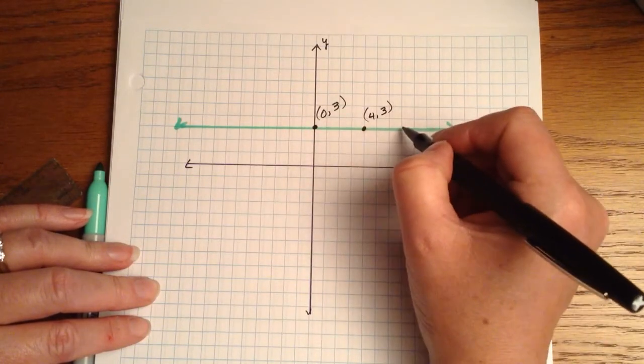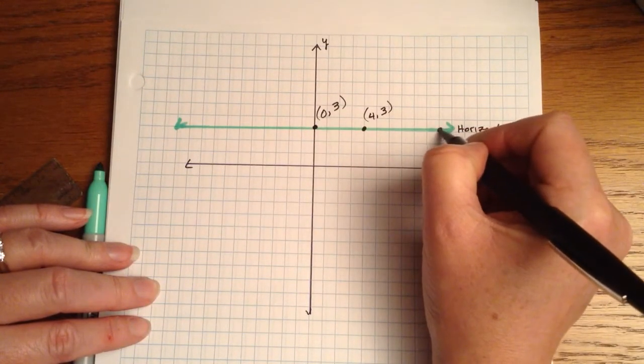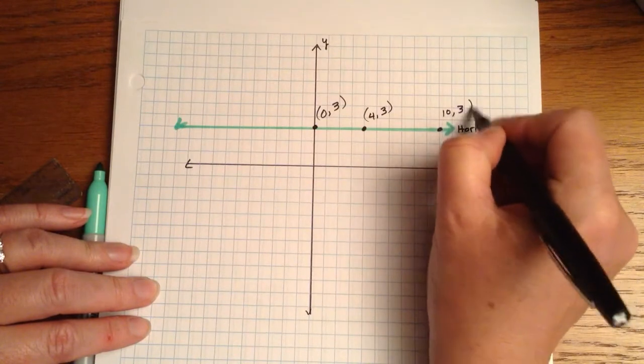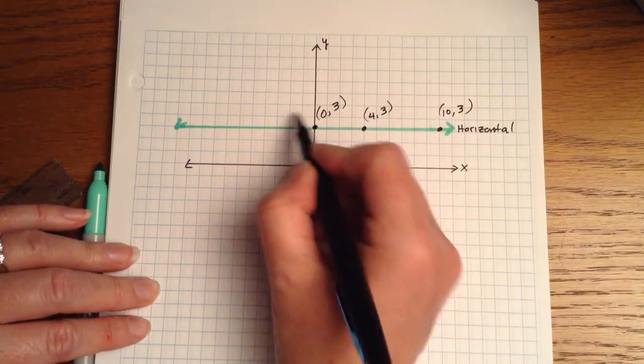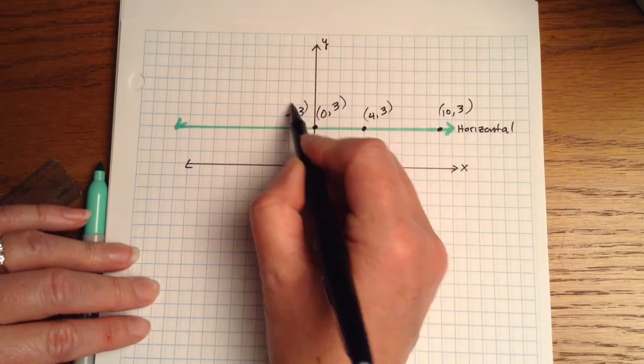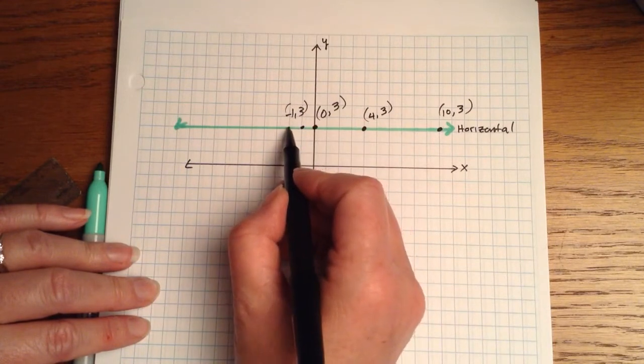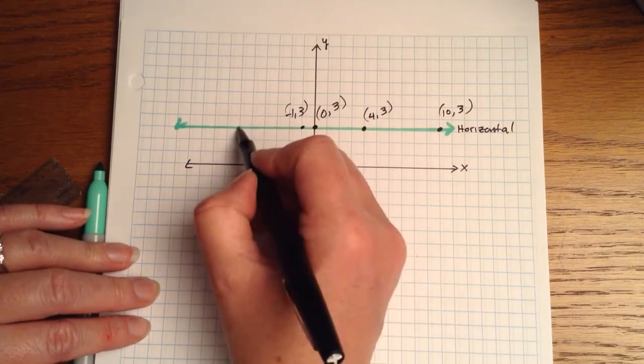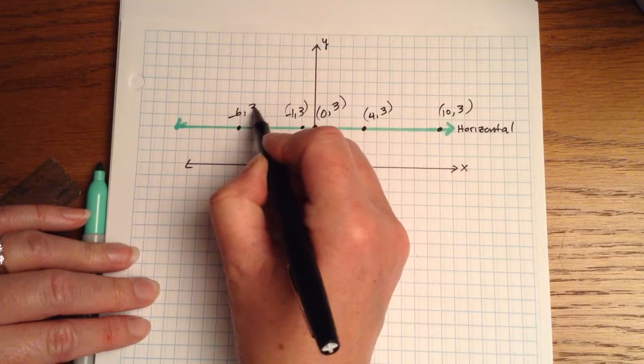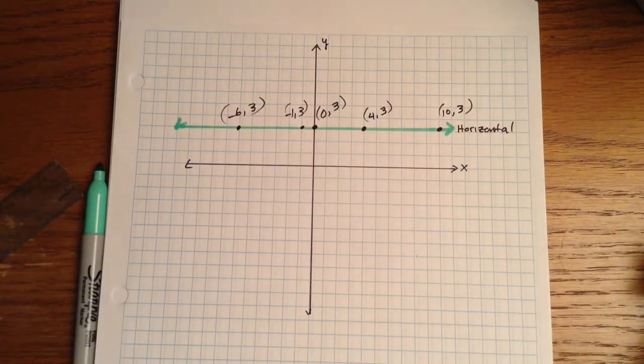Over here, 10, 3. What about on the other side? Well, that's negative 1, 3. I'm wondering if you're seeing a pattern. Negative 6, 3. If I take any point on this line, they all have something in common.